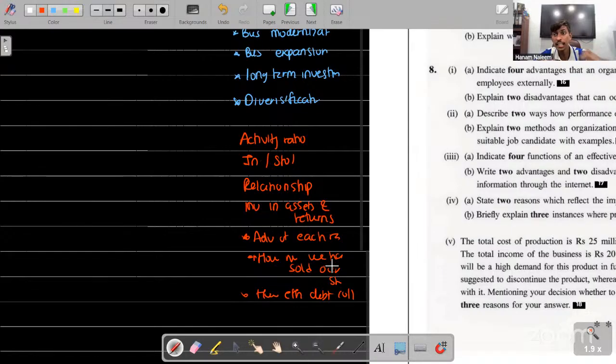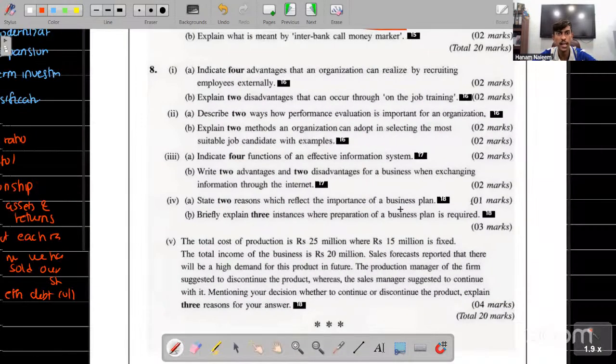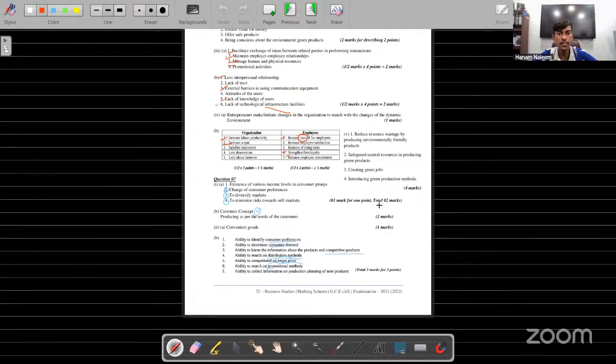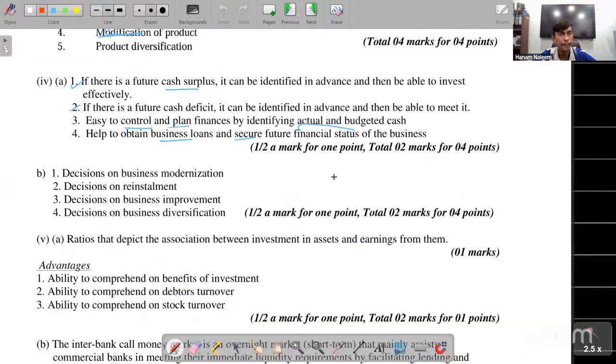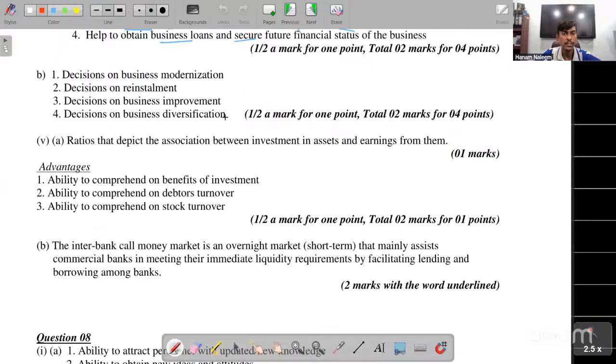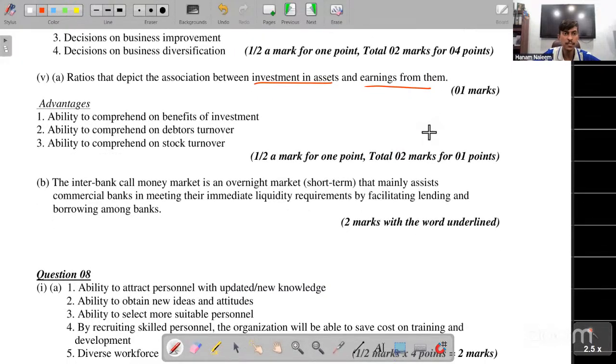So simply you can take the ratios and write their advantages. Okay, I can show you the answer, so see how they have developed it. It shows the relationship between investments in assets and the earnings from them. And the advantages are here: the benefit of investment, and to know about your debtors turnover and stocks turnover. So simply you can write the sub ratios and their advantages.